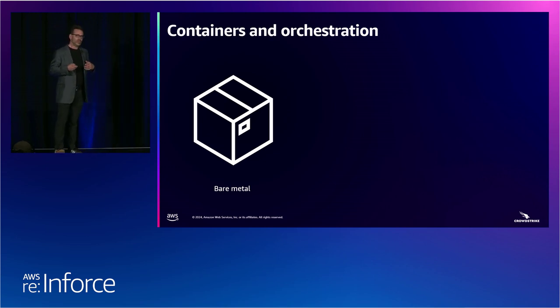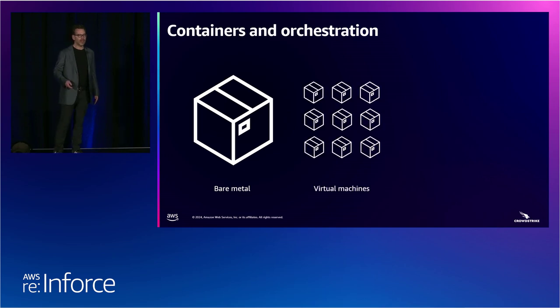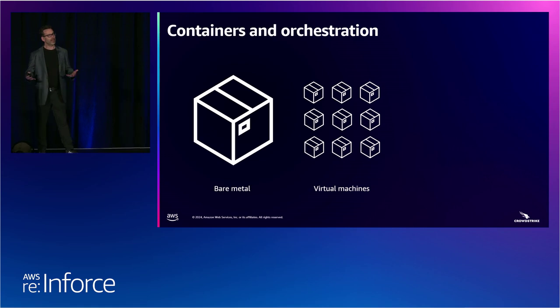So just to get a sense of the scale, and this is something that probably everyone here knows, back in the old days, it was one operating system per bare metal. And VMs were developed to take better advantage of those resources, to divvy them up into virtual machines, and you could run several on a given bare metal instance.